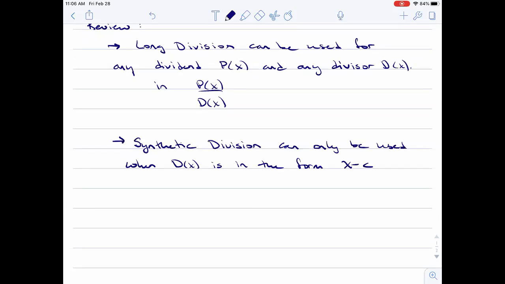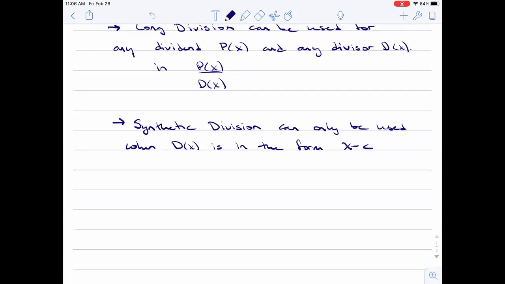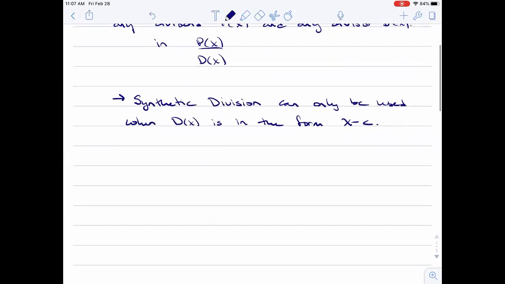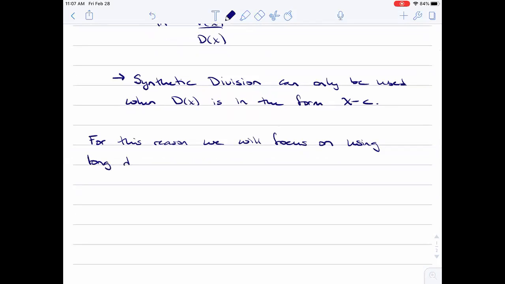So that's why we're going to focus on long division. For this reason, we will focus on using long division, just so we know. And I think I mentioned it last day.